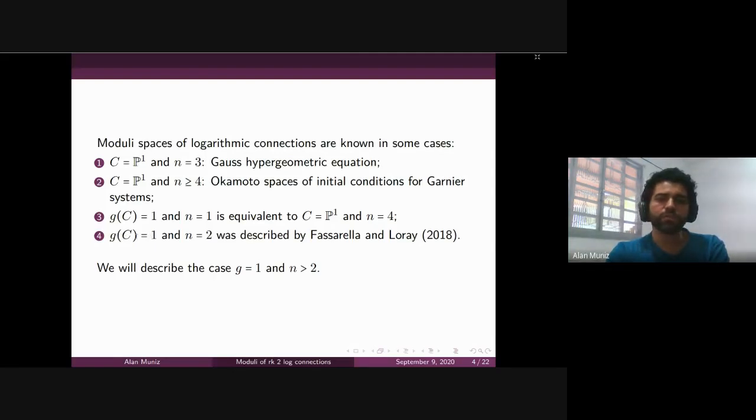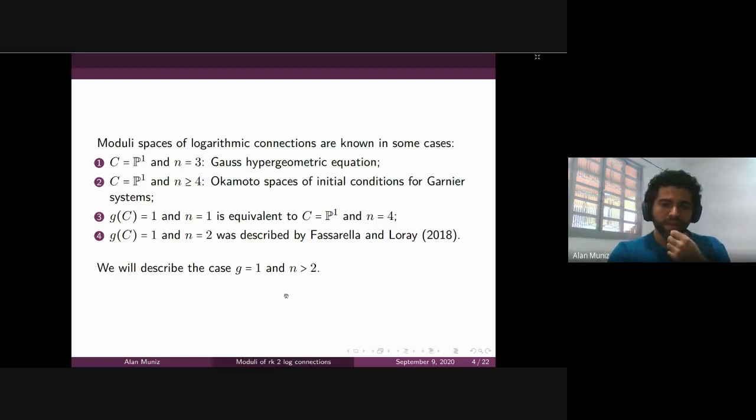When g equals 1 and we have 2 poles, this is the case that was described by Thiago and Frank in 2018. And the aim of this work is to generalize this work for an arbitrary number of poles.